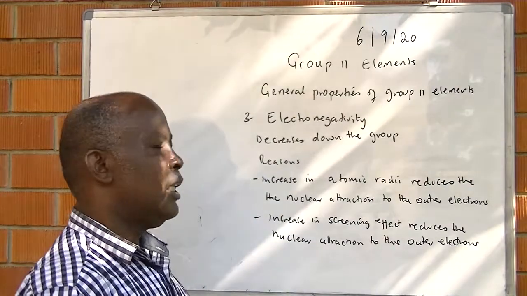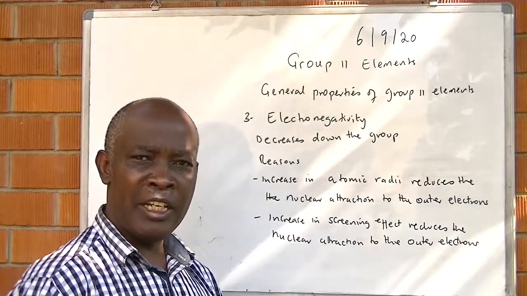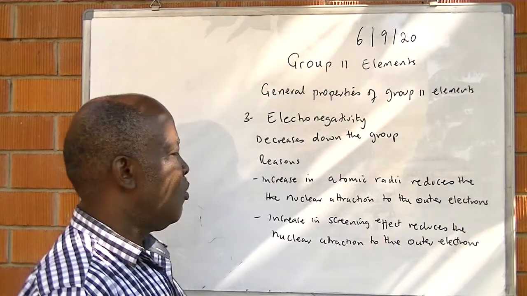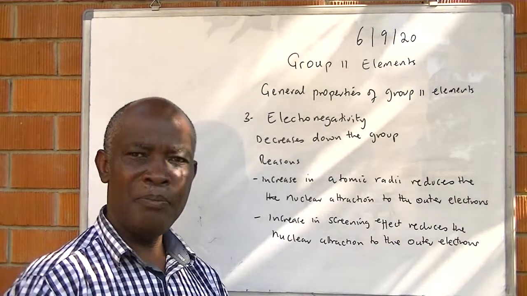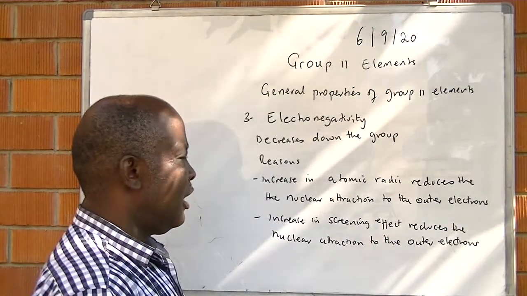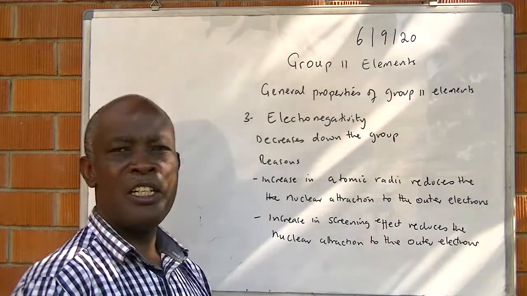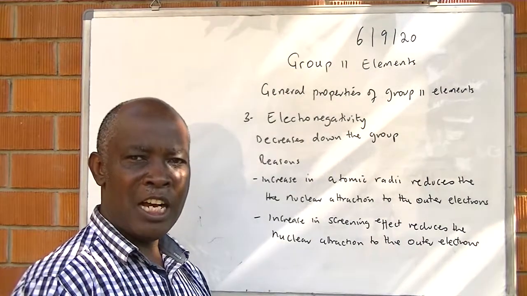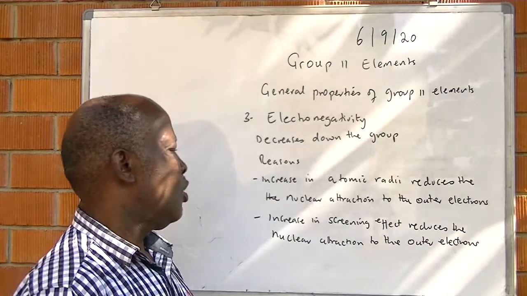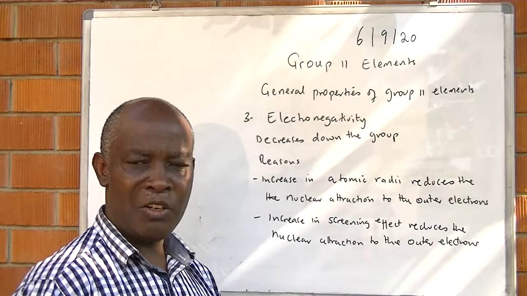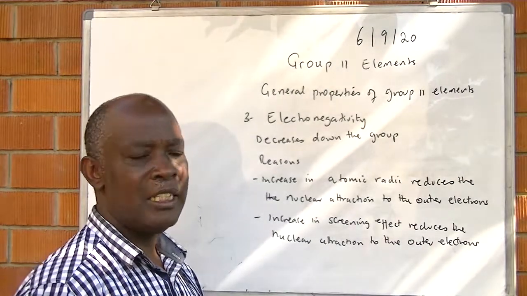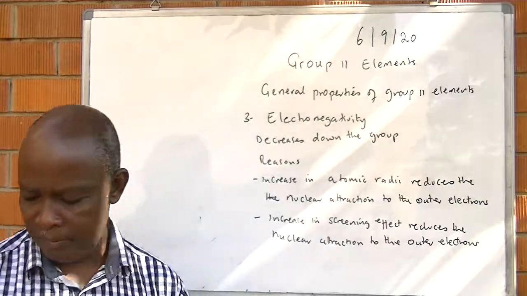Two, there is increase in screening effect from beryllium to barium. Increase in screening effect reduces the nuclear attraction to the outer electrons or to the valence electrons.